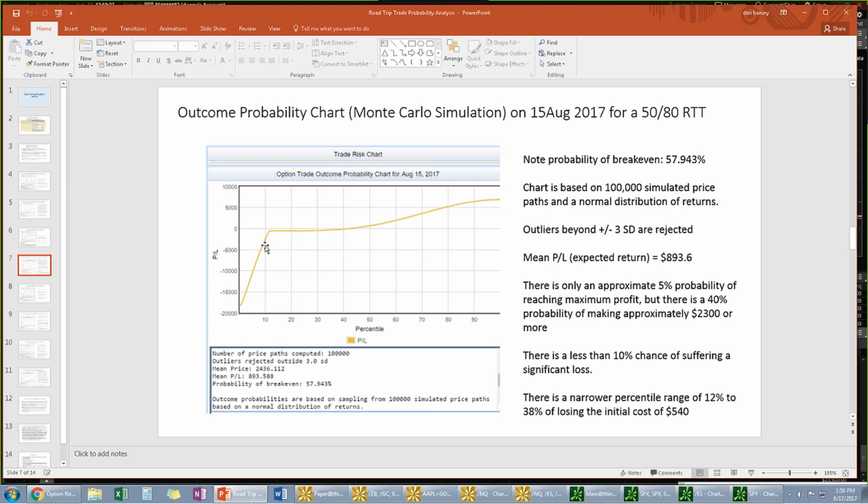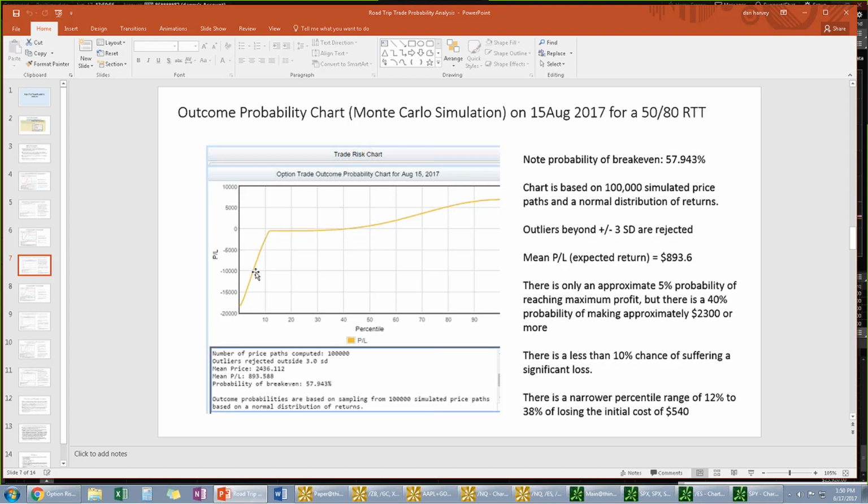So there's the 10th, and so major loss would be from, say, there to there, I would say. I mean, you can have a loss up here, of course, but a major loss.